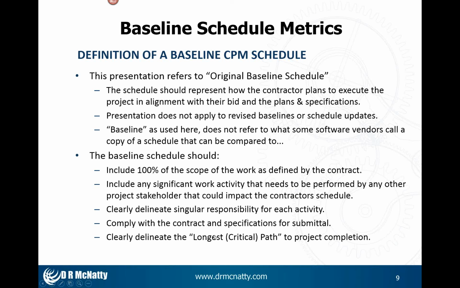Need to comply with the contract and the specifications for the schedule submittal. They oftentimes can be different. And we want to see a clearly defined critical path, which is the longest path from the start to the end of the project.